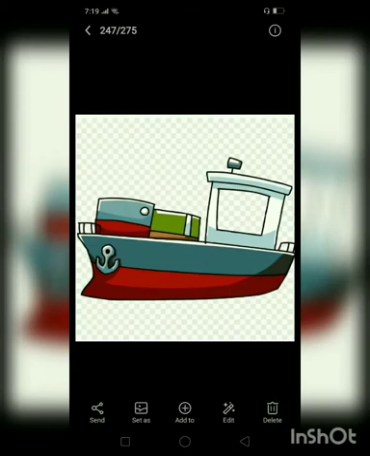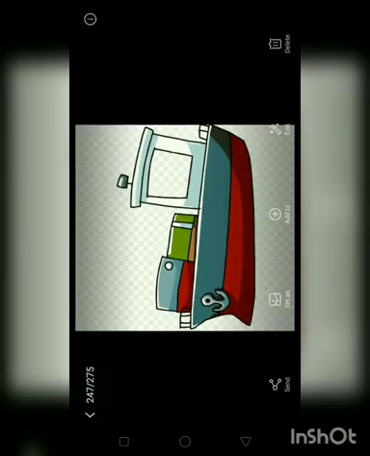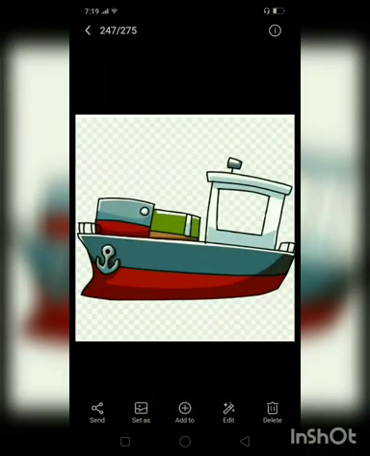I spoke about the ship earlier, right? Now I'm going to explain why a ship floats. A ship uses metal to build it, and of course the metal is heavier and more dense than water.